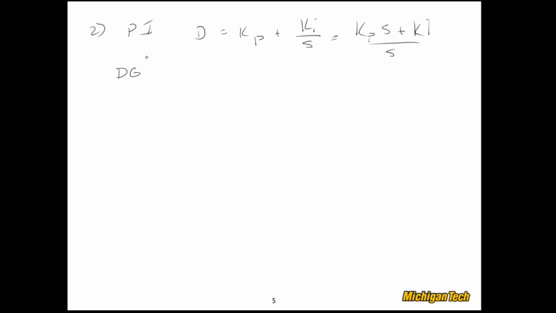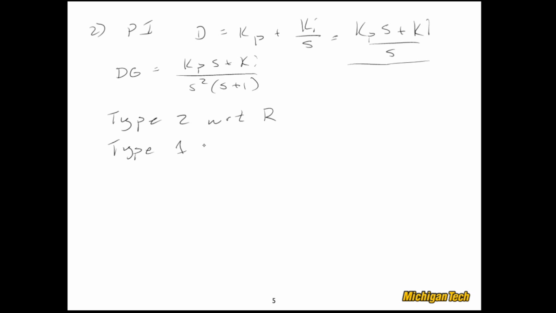The quantity D times G in the forward path is equal now to (Kp s plus Ki) over s squared (s plus 1). Now some amazing things happened here. First off, because I picked up an extra s in the compensator, the system is now type 2 with respect to the reference input, and it is type 1 with respect to the disturbance.